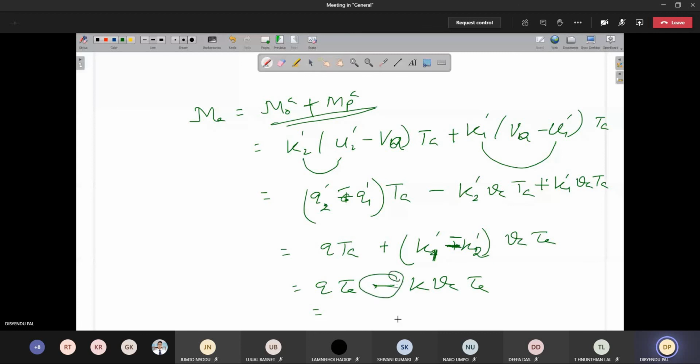Anyway, I'll check and let you know. Here a plus symbol will come. So ultimately this will be MA equal to Q plus K BA into T. I'll check why this symbol is not coming. Here it should be plus.